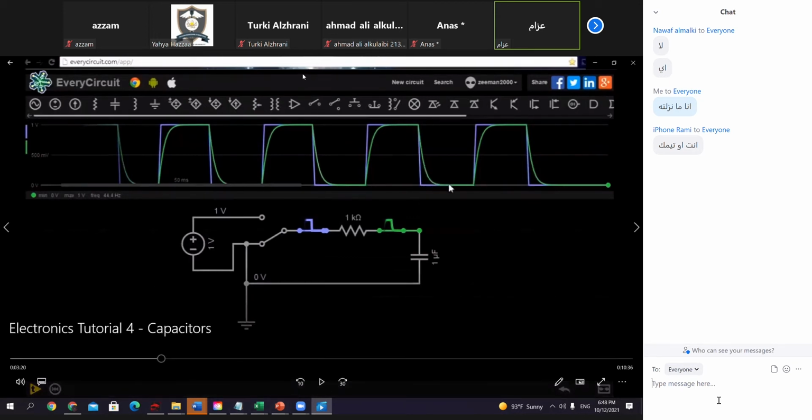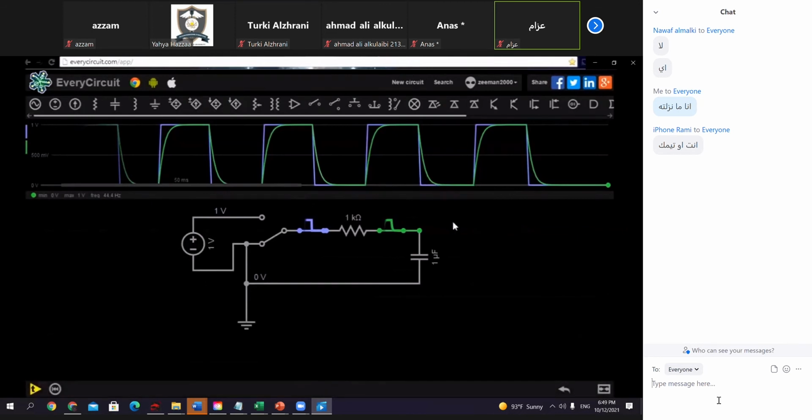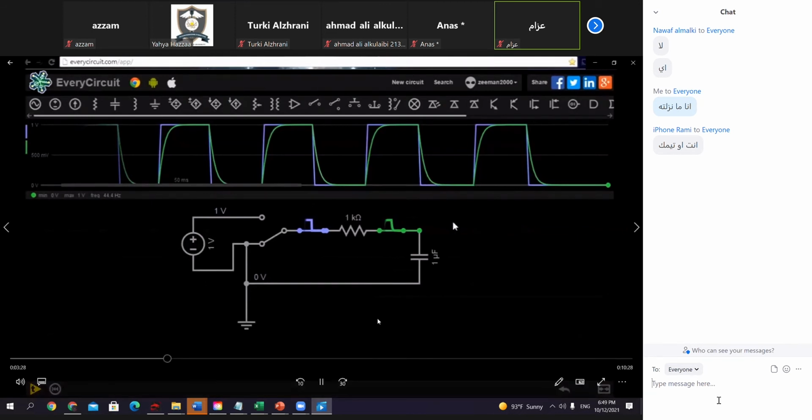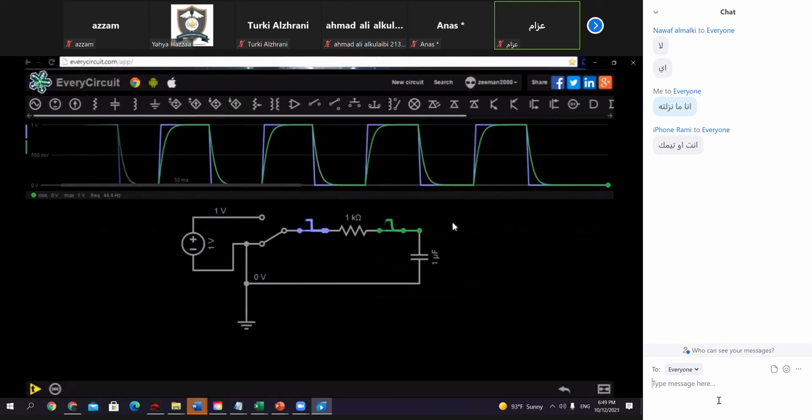The curve shown from the capacitor charging and discharging is called the exponential curve. And there's a formula we can use to calculate the time it takes for the capacitor to charge.